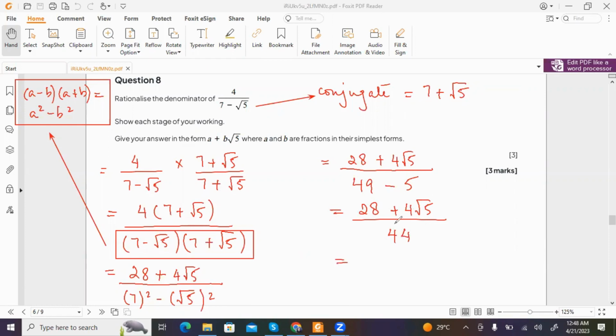If we split into two fractions, 28 over 44 plus 4 over 44 root 5. That's going to be 7 over 11 plus root 5 over 11. That is your answer in its simplest form.